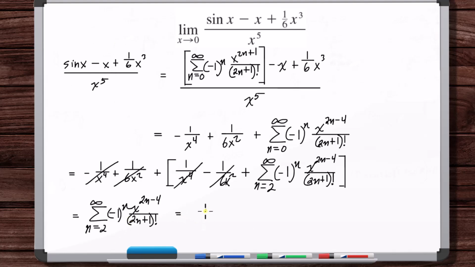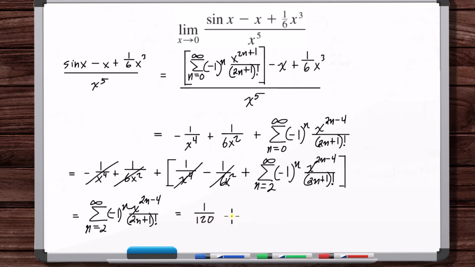Okay, so if we write this out in the expanded form, when n is equal to 2, you've got x to the 0, and then minus 1 to the 0. So 2 times 2 is 4, plus 1 is 5. 5 factorial is 120.